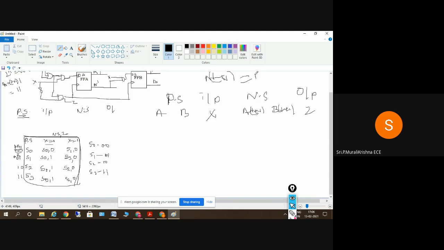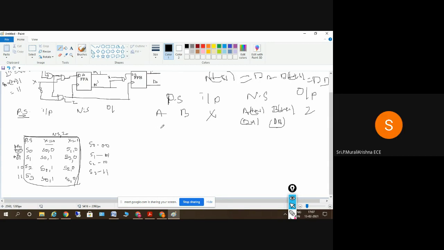So A of t plus 1 is equal to DA, and B of t plus 1 is equal to DB. So remember, because this is a D flip-flop, this is equal to DA and this is equal to DB. Clear?